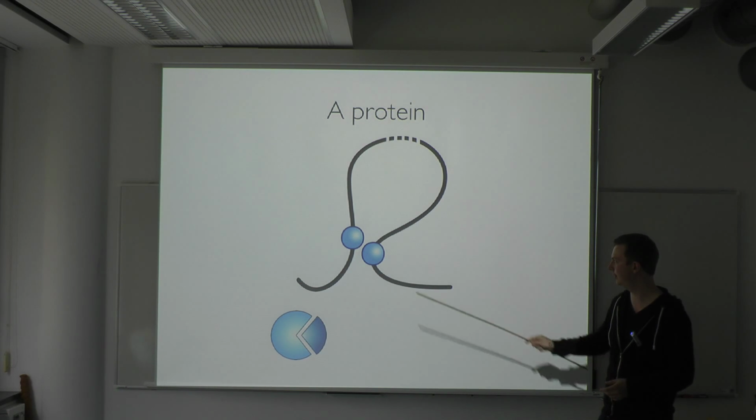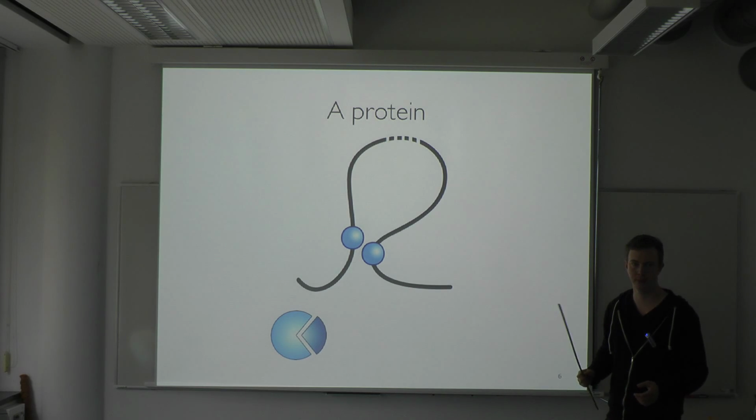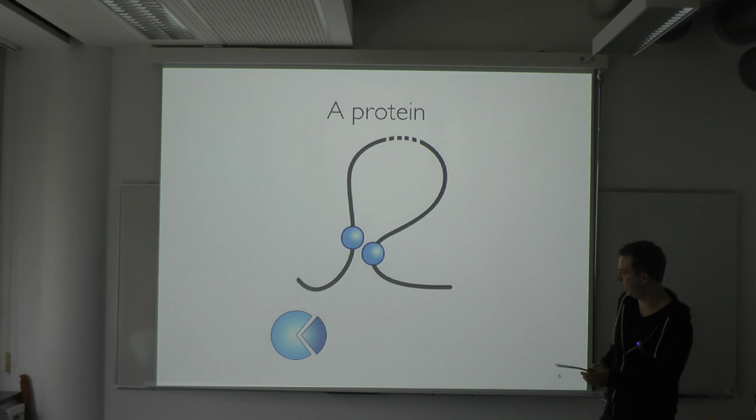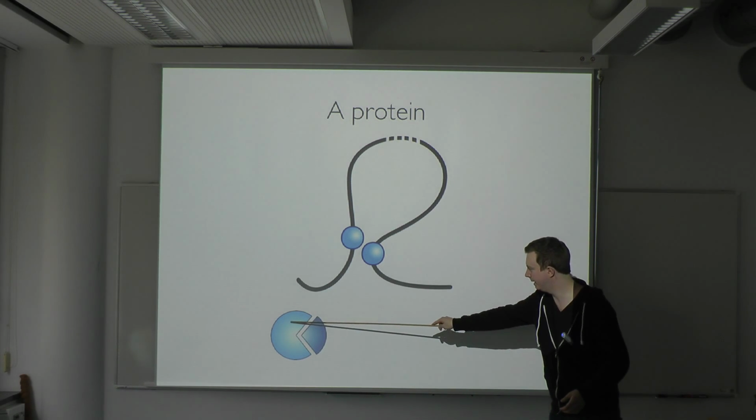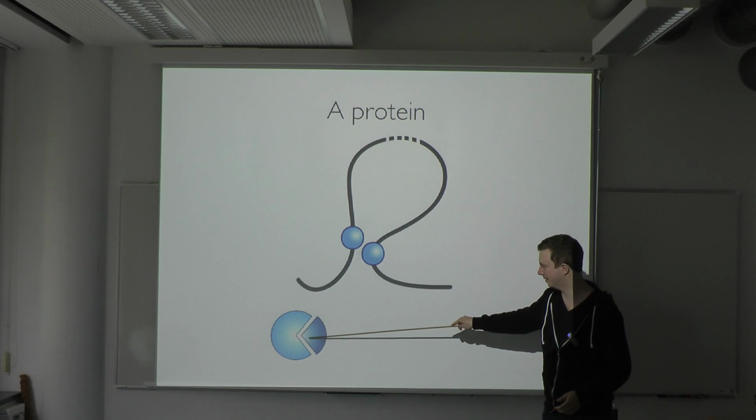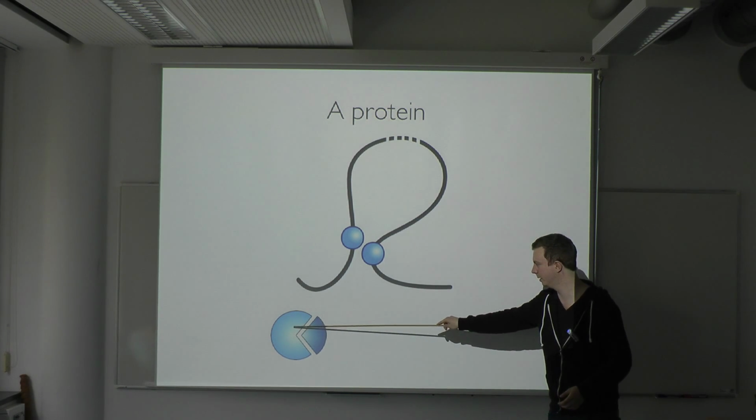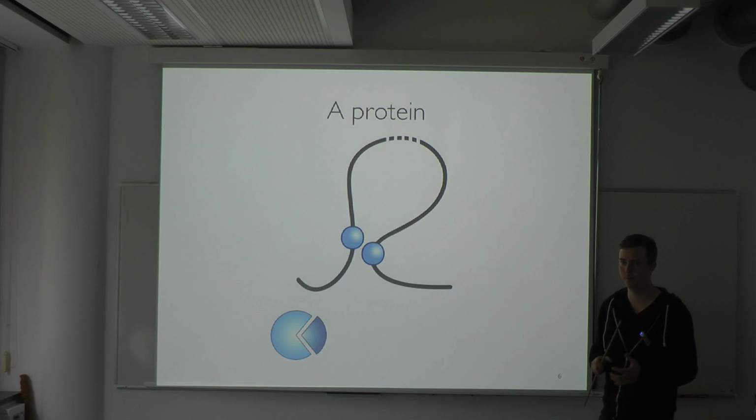Or you can have two very sticky hydrophobic residues, and the hydrophobic interaction between those stabilizes the protein. In any case, it's an interaction. This is just a schematic depiction. It's an interaction between two residues that somehow fits together, that is optimized for each other.